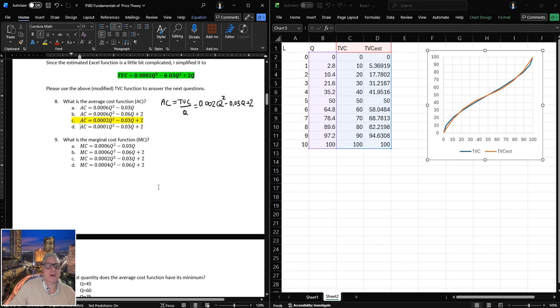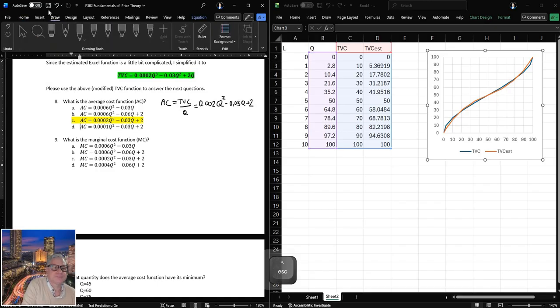Okay, what is the marginal cost function? So the marginal cost function is the first derivative of the cost function with respect to Q, and then we get 0.006.